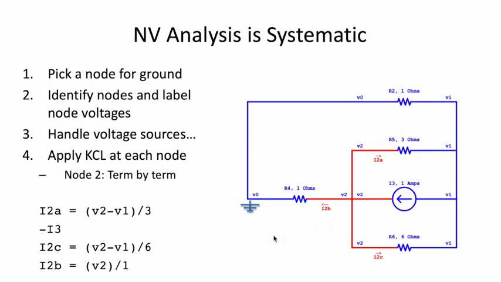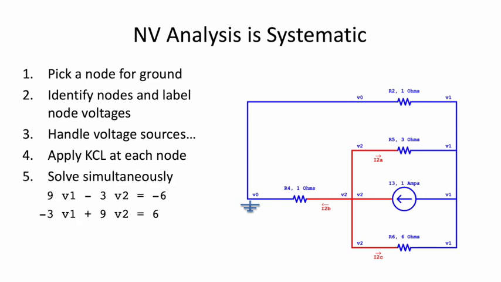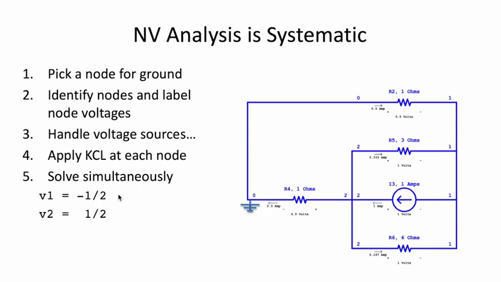It'll be V2 minus 0 divided by 1. Putting all those terms together and setting them equal to 0, we have this. These are all the currents going out of node 2. Simplifying the algebra, we move on to step 5 and solve these two equations simultaneously. It's going to give us these values for V1 and V2.